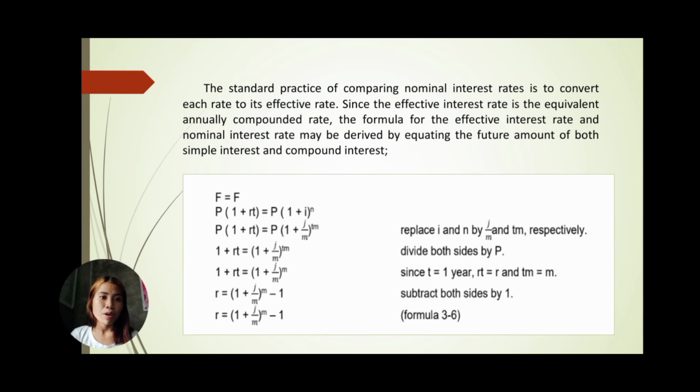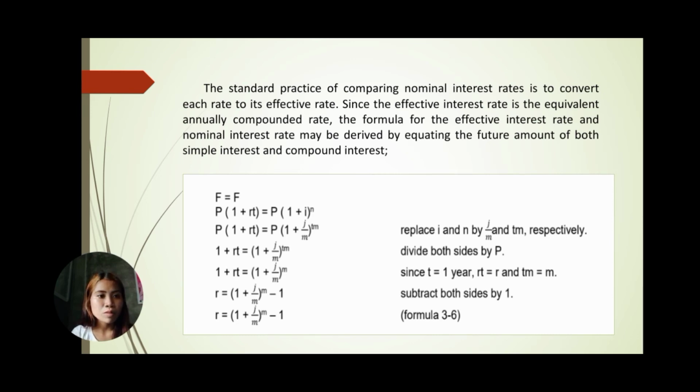In this case of equivalence, we consider the formula in the left portion as the formula for the future amount of the simple interest, and the formula in the right portion as the formula for the future amount of the compound interest. Then we replace the i in the compound interest formula and n by j over m and tm respectively.